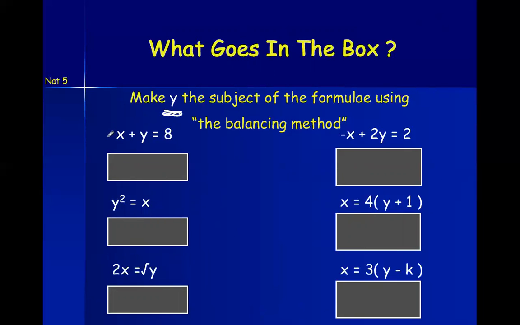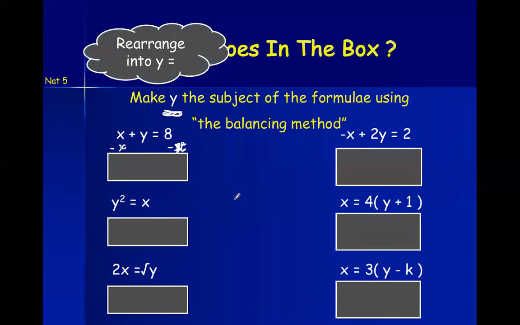I've got this invisible plus 1x, so I need to take away x on each side. My answer should be y on its own equal, where did I put 8? Take away x. I'm looking at 8, writing 8. So y equals 8 minus x.